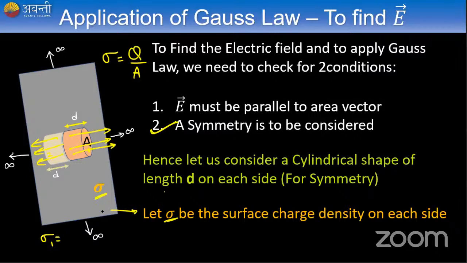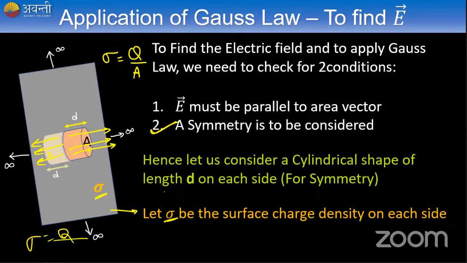Okay, yes, Bhargav. But what's the value? That was half of this, right? Sigma 1 will be q by 2 epsilon naught. Remember? Sorry, sorry. Sigma is q by 2A.